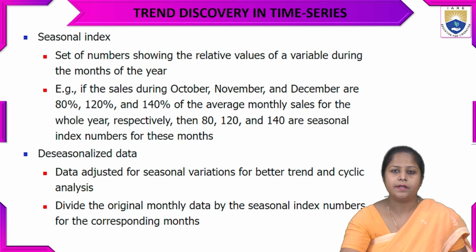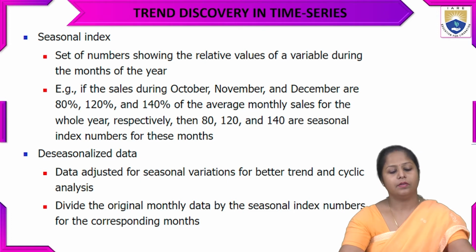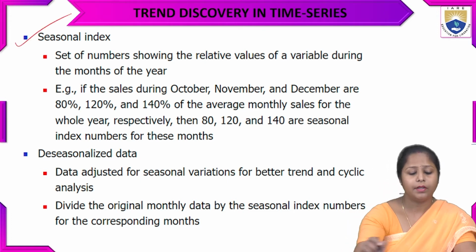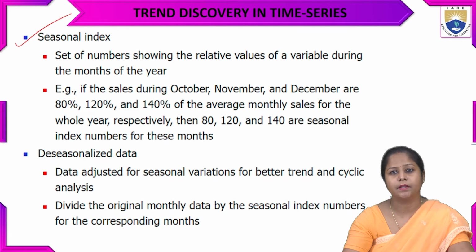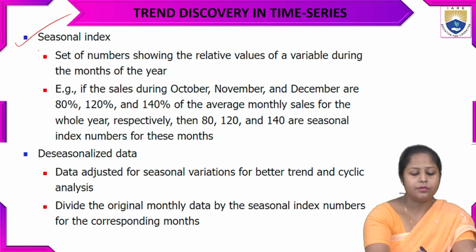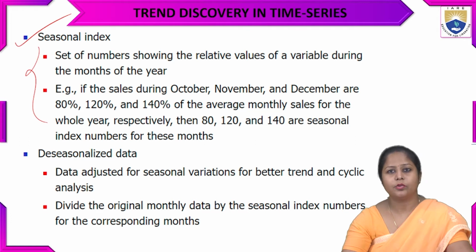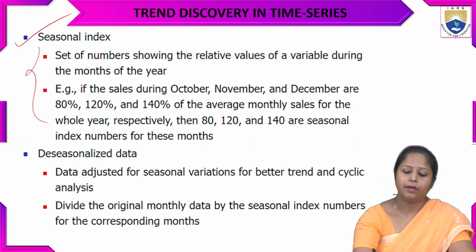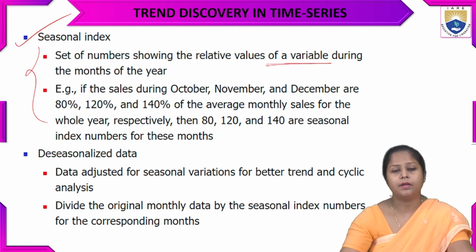Trend discovery in time series. Here, if we have seasonal trends and a seasonal index, then to get the trend we need to set a number showing the relative value of a variable during the months of the year.